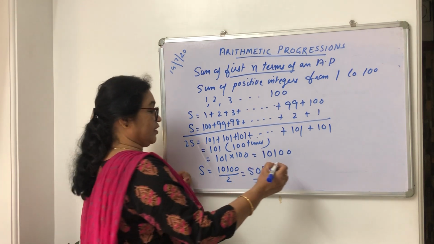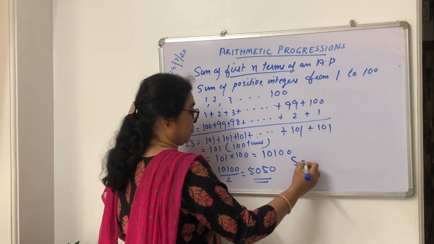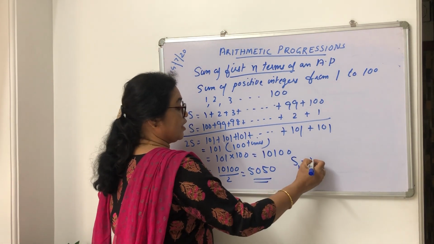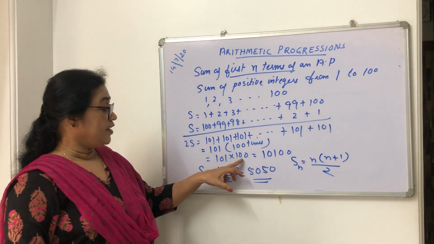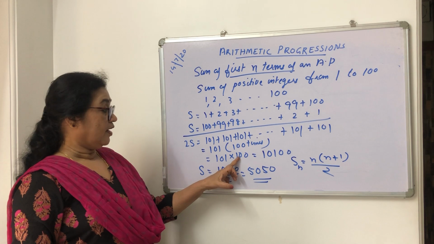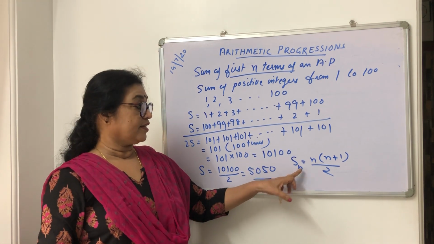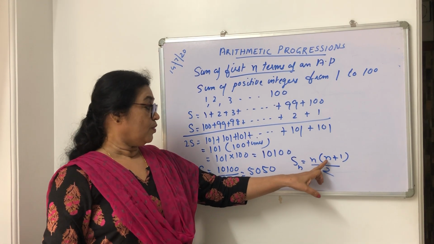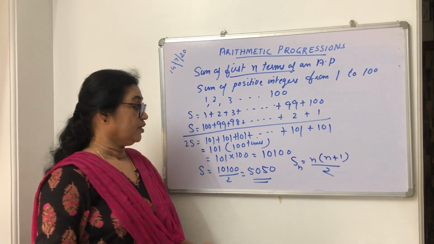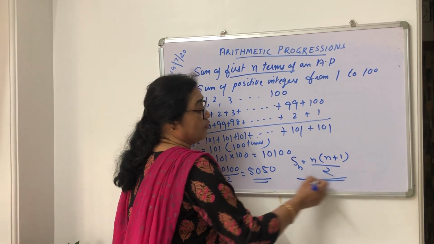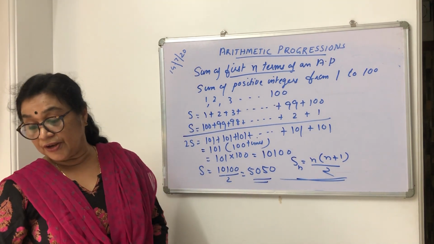This you can write down as: the sum of n natural numbers is n into n plus 1 by 2. Here n is 100, so it is 100 into (100 plus 1), 101, by 2. This is the sum of the first n natural numbers.